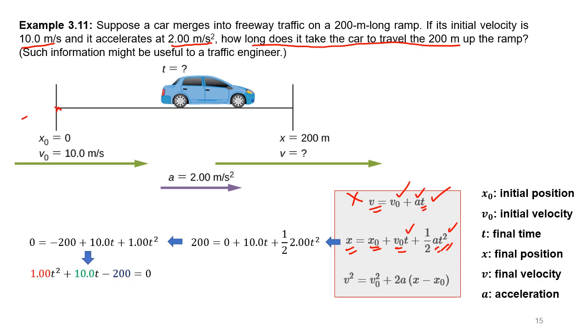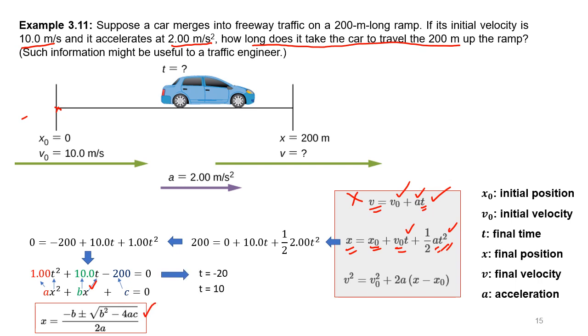Why? Because this is a quadratic equation in time t, right? For example, ax square plus bx plus c equal to 0. You know how to find the root of a quadratic equation, the value of x, by using the root equation. Here in this equation, a is 1, b is 10, and c is minus 200. It's very important. So you can use this equation.